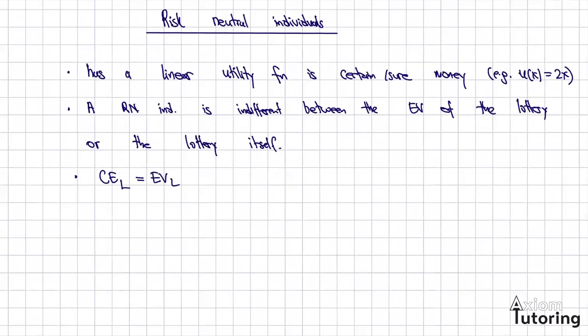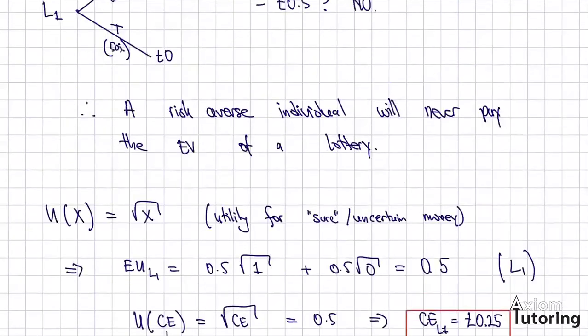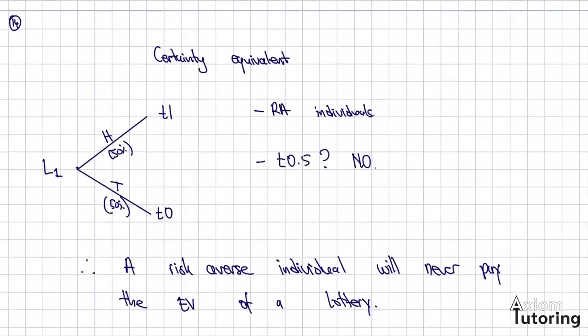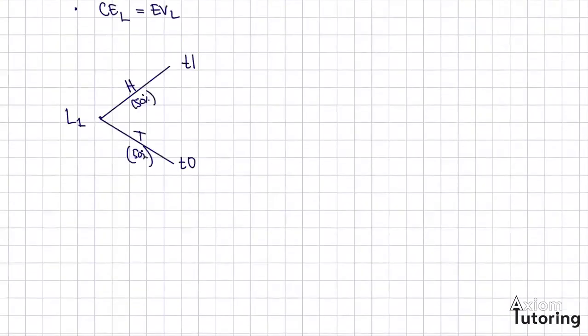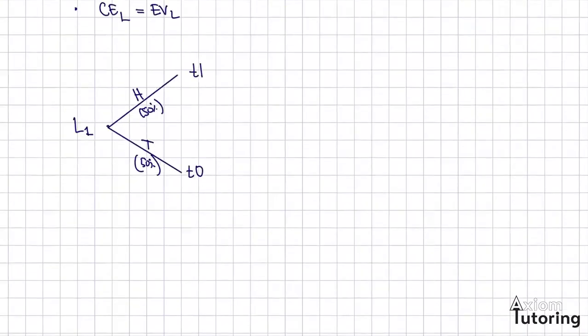If I were to bring you back to the previous video, we looked at this particular lottery here. If the person is risk-neutral, this will imply that the certainty equivalent of lottery one for a risk-neutral individual will be exactly equal to the expected value, which is exactly 0.5 pounds.